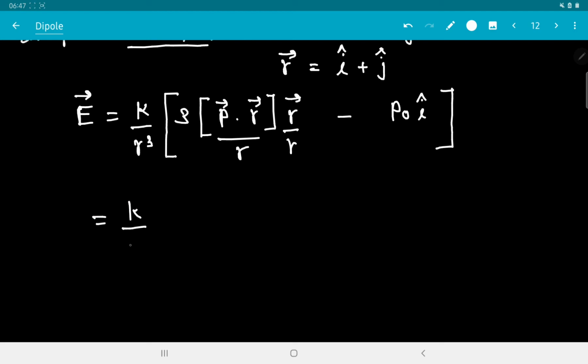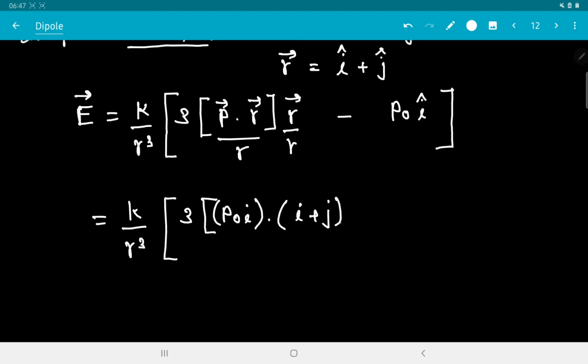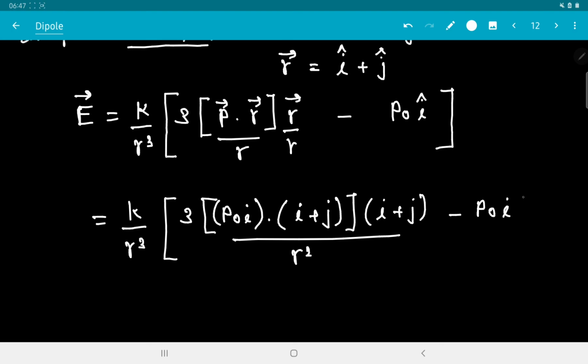So we'll get k by r cube, 3, where p vector is p naught i cap. We have a dot product of this with i cap plus j cap, and outside this again we have i cap plus j cap. This whole is divided by r square, minus p naught i cap.